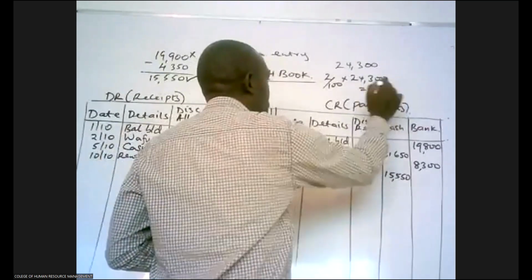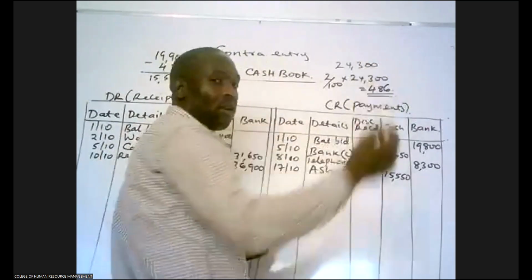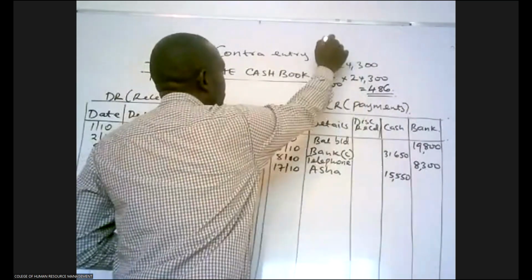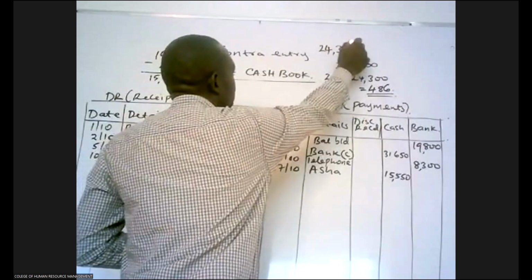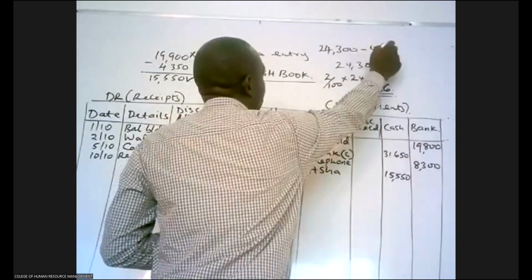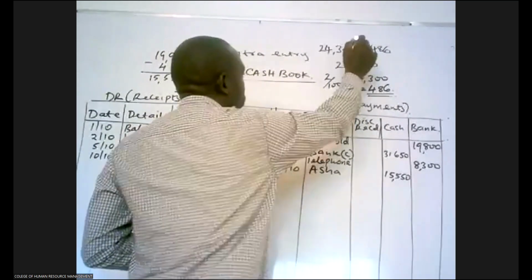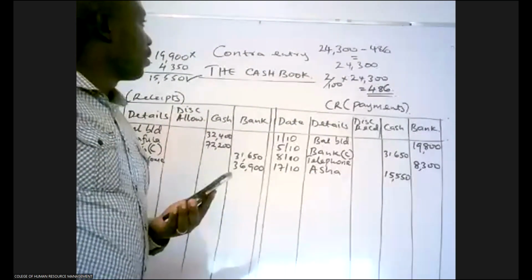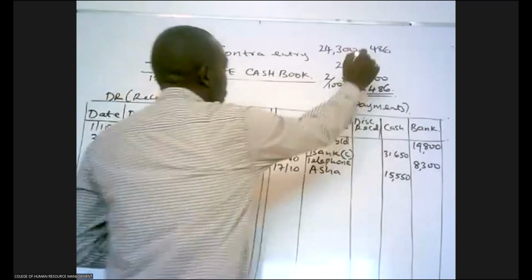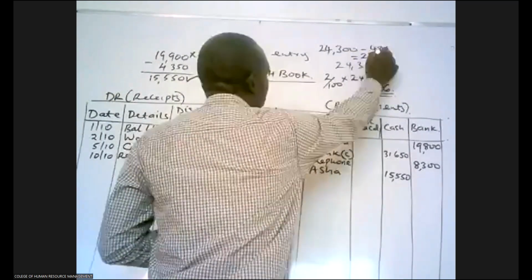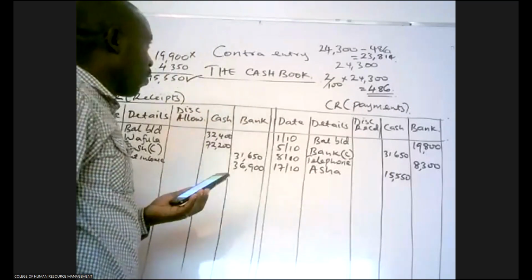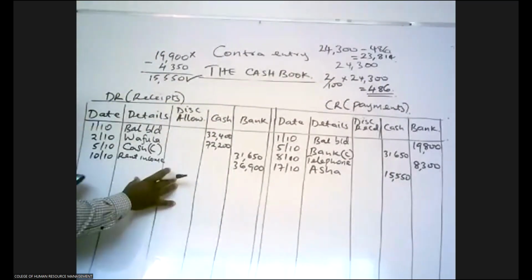So how much will Ole Secundo pay? 24,300 minus 486. So how much are we going to receive from there? 23,814. Then now we record it. Remember we have received, so it is a receipt.